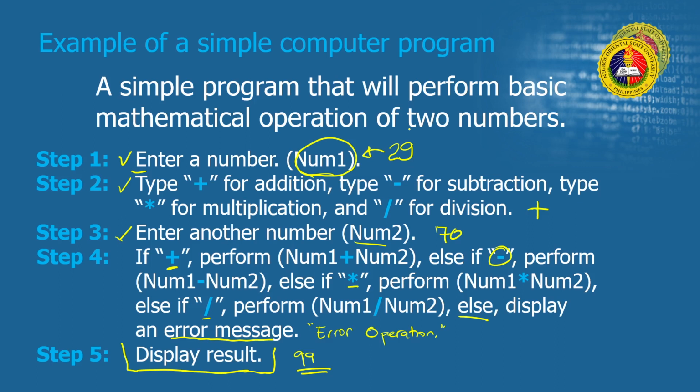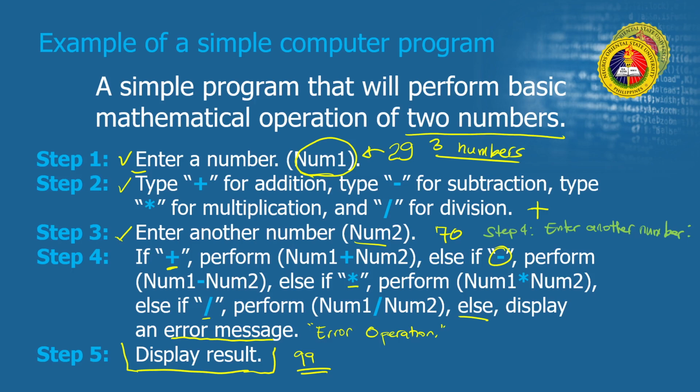Depending on the task that you want the computer to perform, you have to give them kanang clear nga instruction to the computer. So if again going back to the question, what if there are more than two numbers, then you can just add more steps to make sure that the computer will understand the task that you want it to perform.